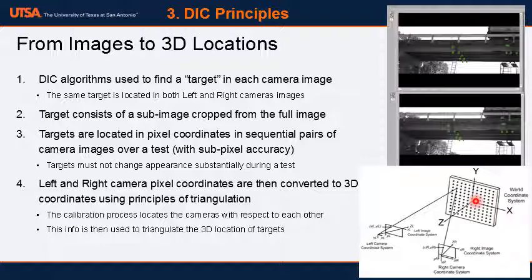That is why it is very important that when we calibrate the system, it knows exactly where these two cameras are with respect to each other, such that it can project the two rays and find the location of a target. If the cameras move relative to each other, then the calibration will be off and the numbers will be off as well.